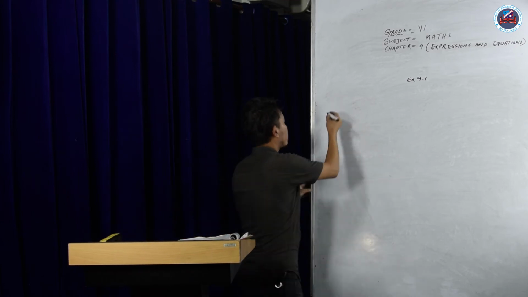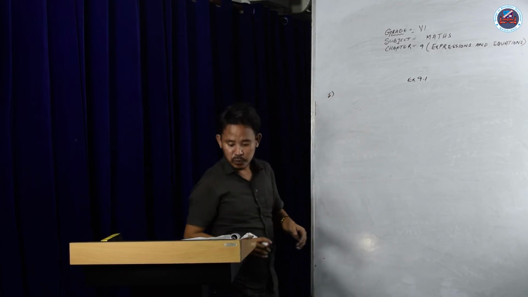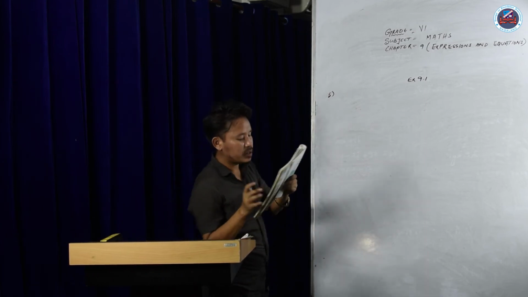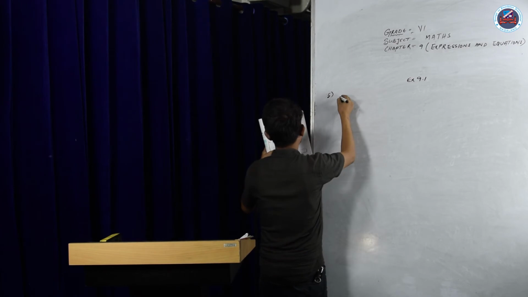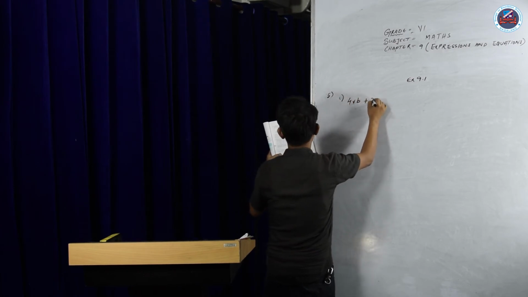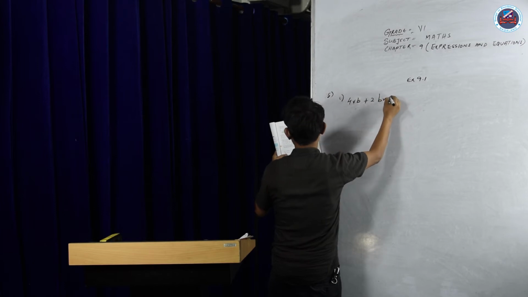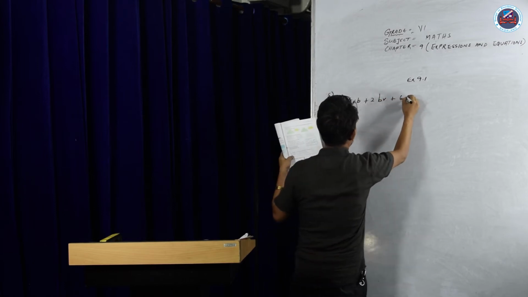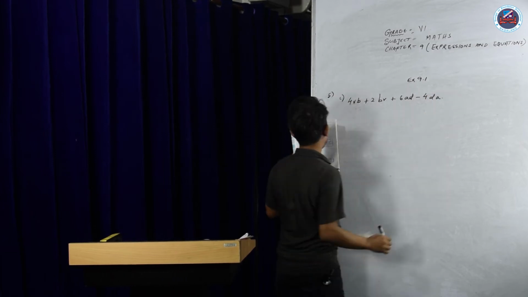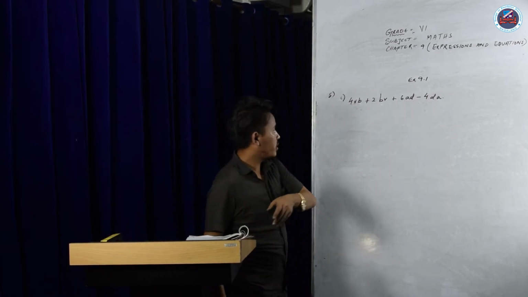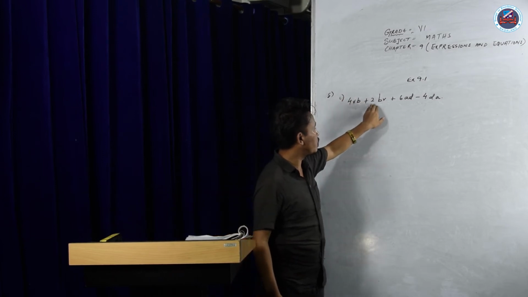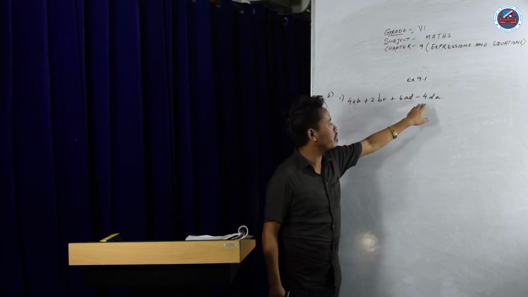From question 5, let me do C. That is 4BV plus 2BV plus 6AD minus 4AD. So the question is 4BV plus 2BV plus 6AD minus 4AD.